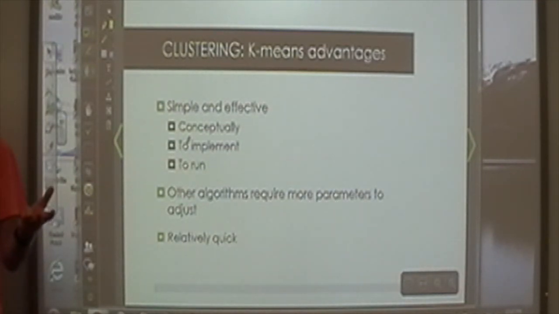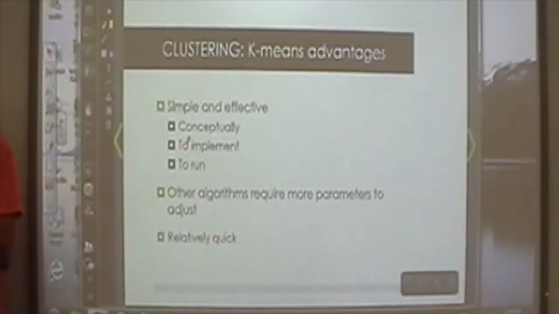Yeah, but wouldn't you also have to input your data set? You have to input your data sets, yeah. You're going to have to do that with any algorithm, otherwise you can't run it. But the only real thing you need to adjust is how many clusters we're going to determine.